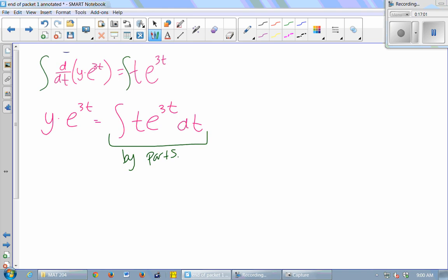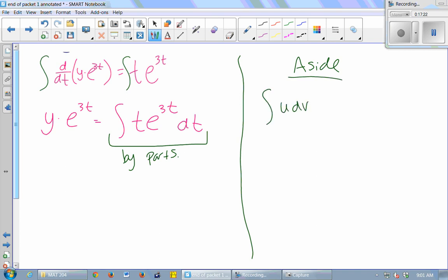So I'll do it as a little aside over here, or a long aside maybe. What do you have u and dv be? Remember by parts? It says that the integral of u dv is equal to u times v minus the integral of v du. So I need to choose u and dv.